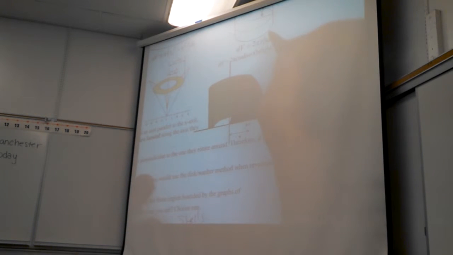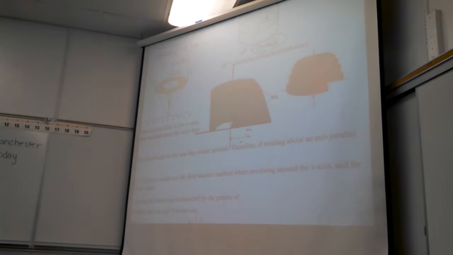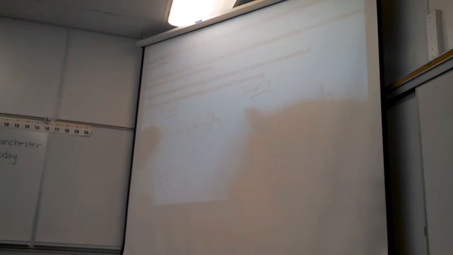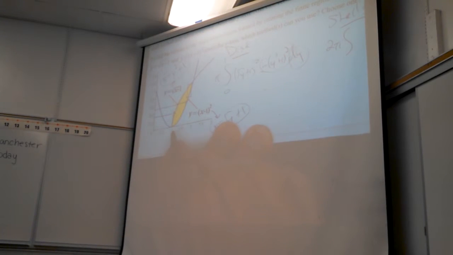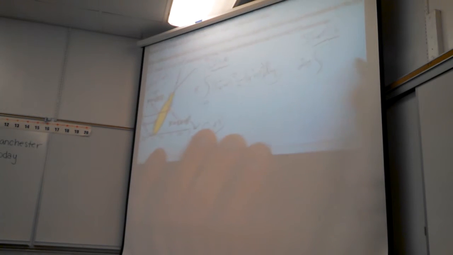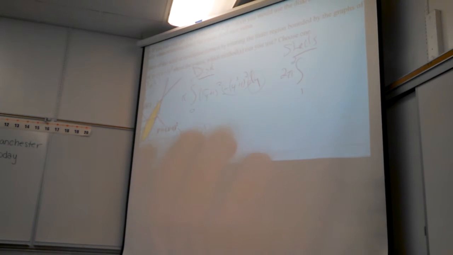I know it's shells, so it's going to be the circumference, 2 pi r. Right, how are we doing so far? So I can put that 2 pi out front. We already said what the limits are going to be, right? Yeah, x is going from 1 to 2 to pick up the whole region. And then what's the radius of this problem going to be?